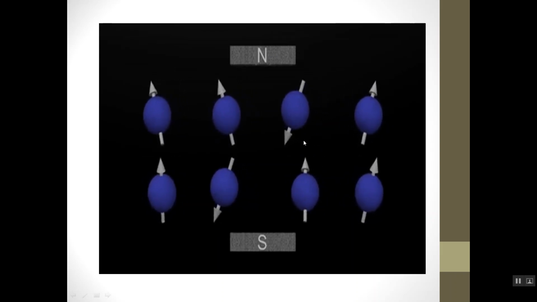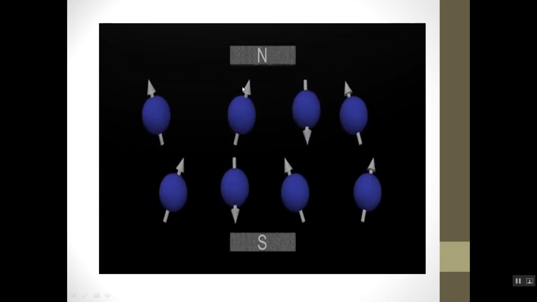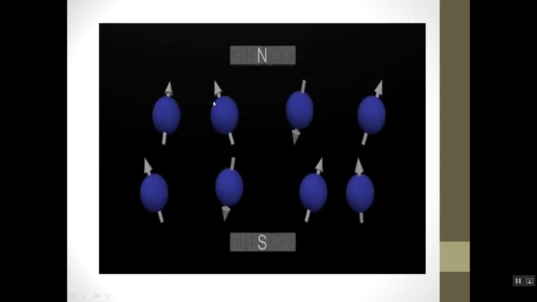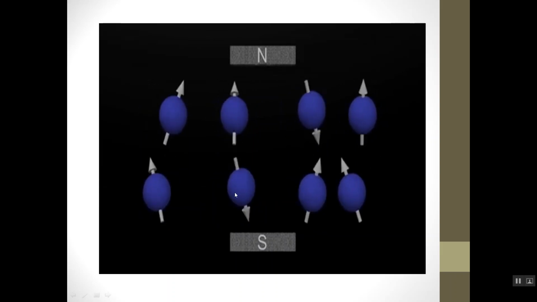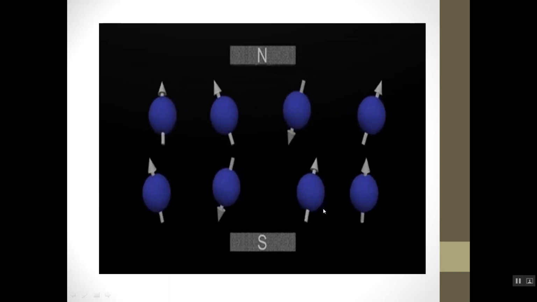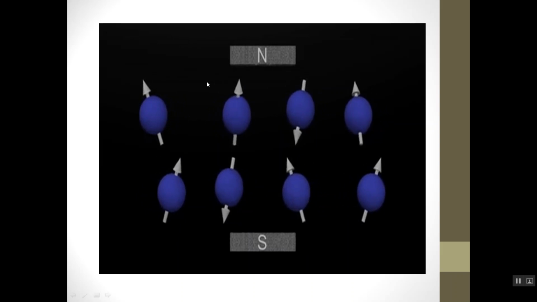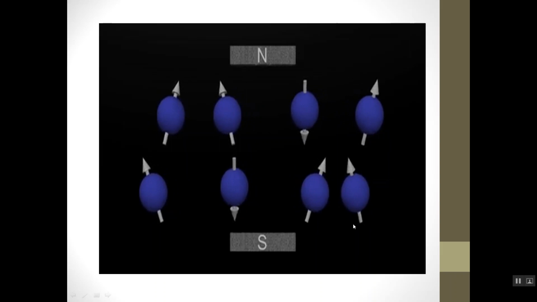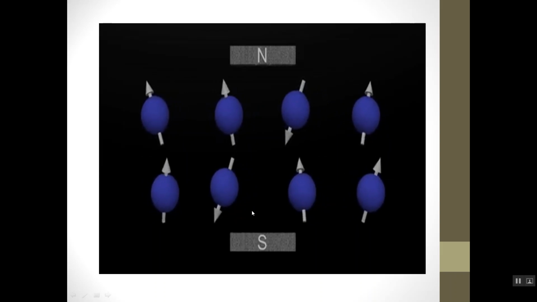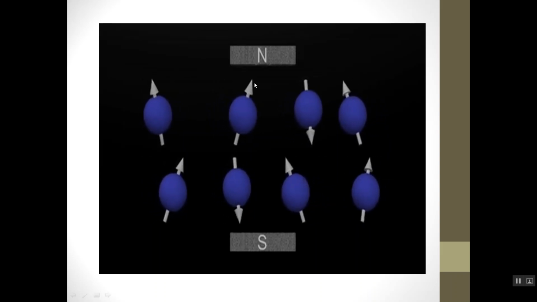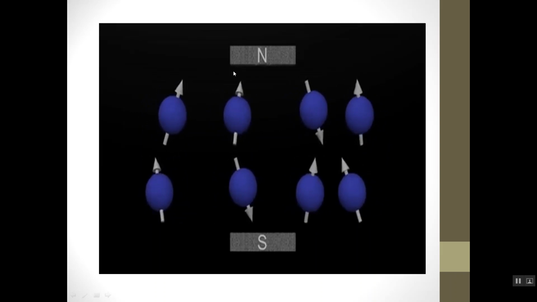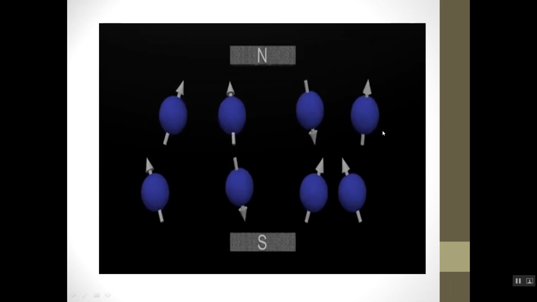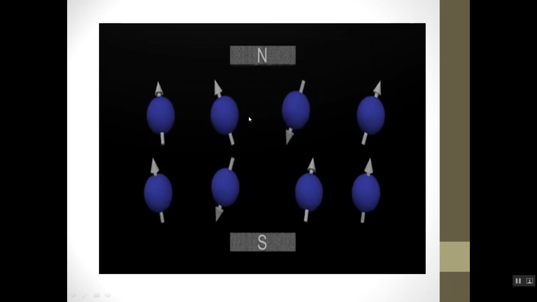Some protons are moving up or standing up, and other protons down. All of them precess with the same frequency, but in different phase. Not all of them move in the same phase, no, with different phase.